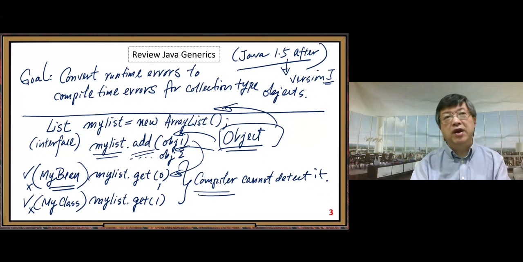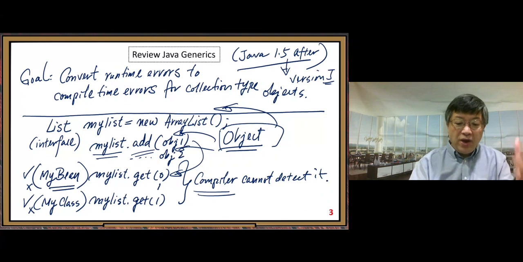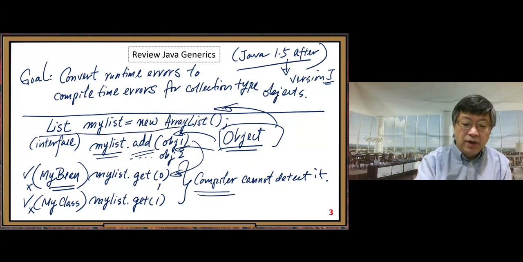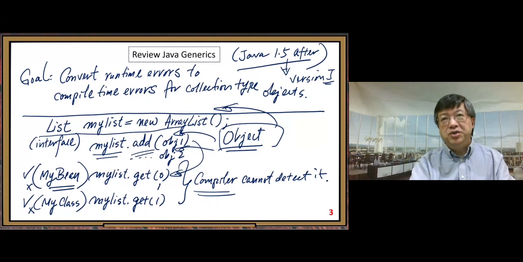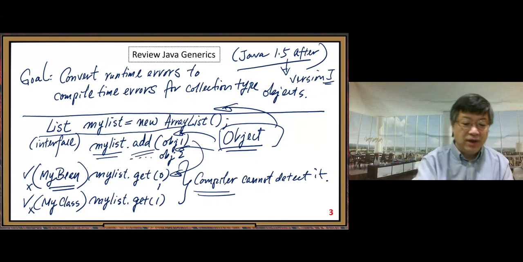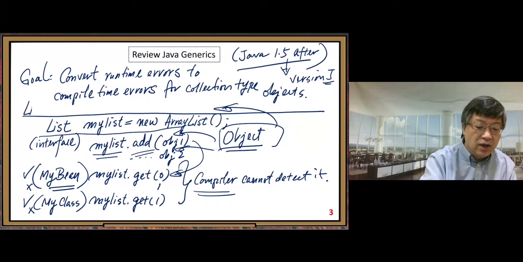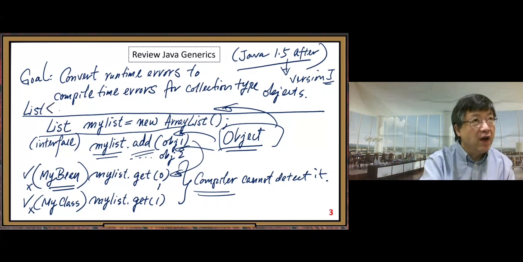The solution is very simple. When you create an object, you specify the object type using Java generics. Although this list can hold any general object, you specify the object type, MyBean, for example.